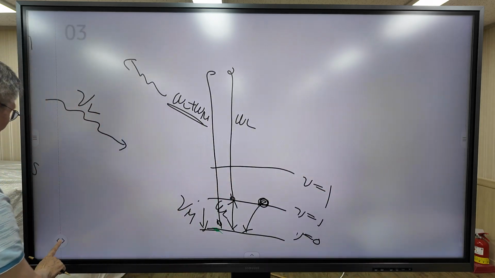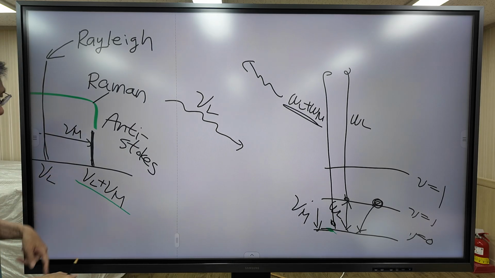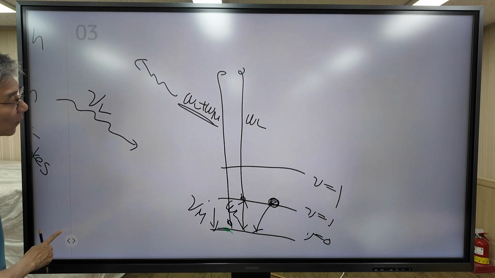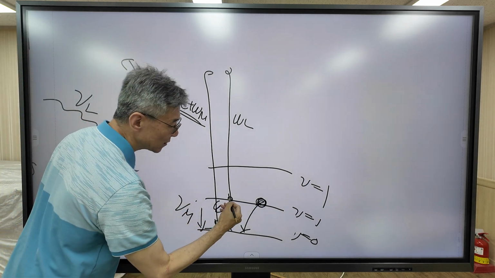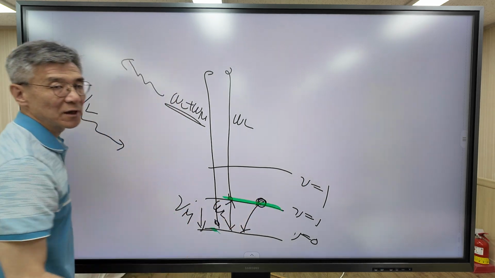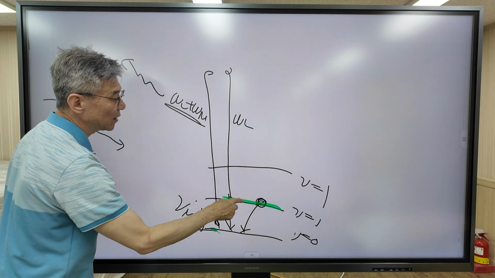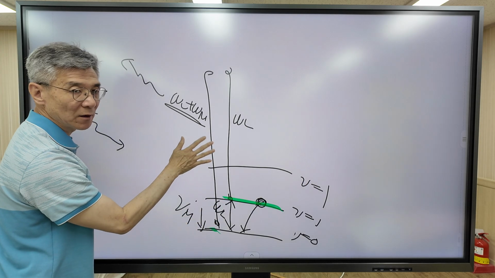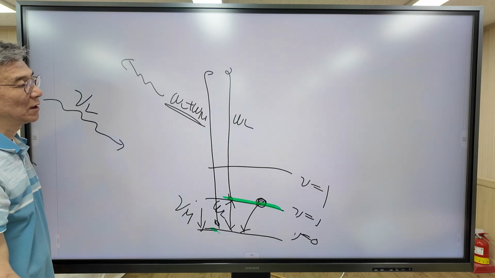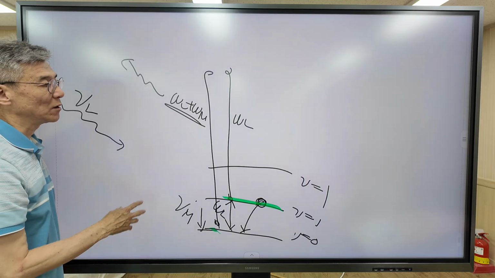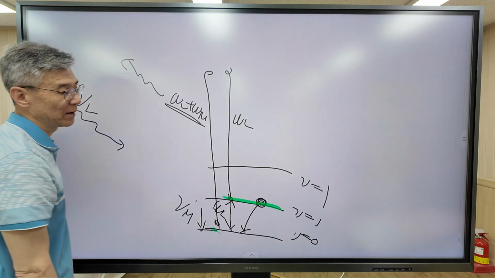This process is called anti-Stokes-Raman scattering. For this process to occur, the molecule must initially be in the V equals 1 state. If there are no molecules in the V equals 1 state, this process cannot occur. So the intensity of anti-Stokes-Raman scattering is proportional to how many molecules are in the V equals 1 state.